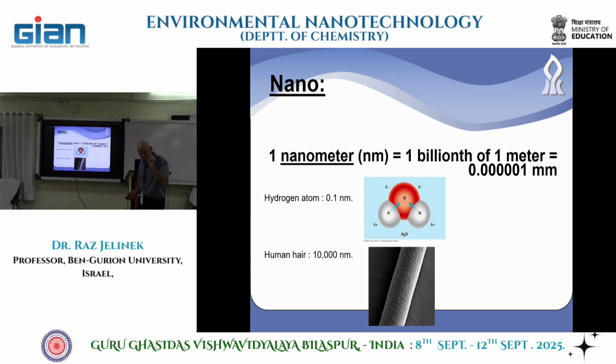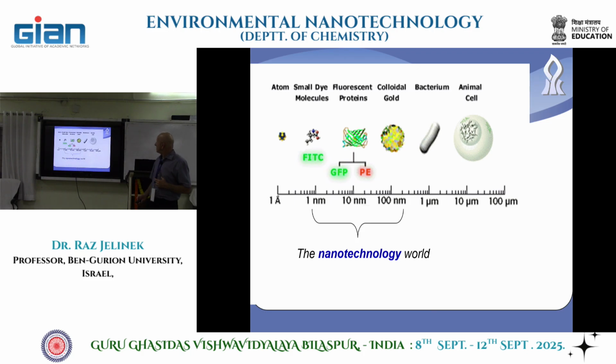The diameter of a human hair is 10,000 nanometer or 10 microns. So the human hair also does not belong to nanotechnology. Nanotechnology is the technology or the science in between the hydrogen atom and the human hair.